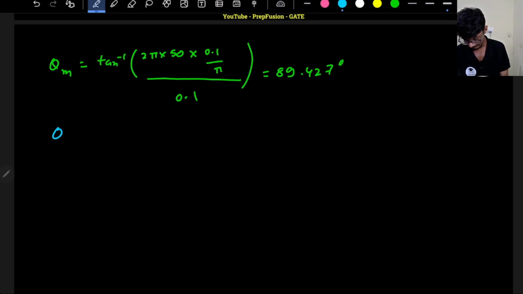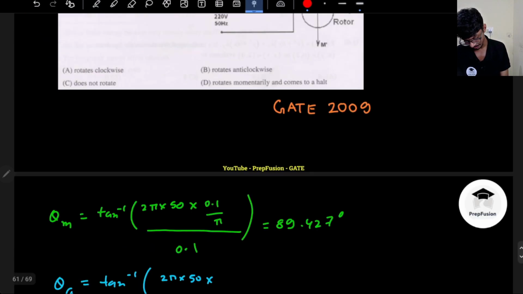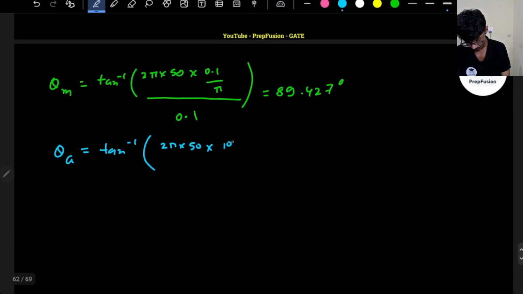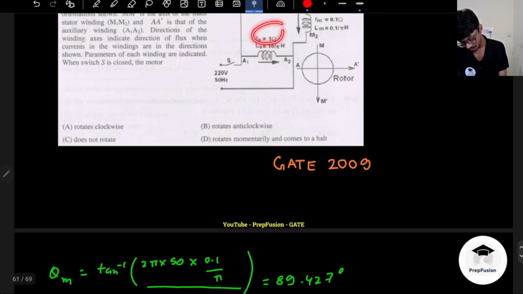Theta a will be equal to tan inverse. Now I am calculating the angle of the auxiliary winding. This will be 2 pi into 50 into LA, remember LA is 10 by pi, divided by RA.